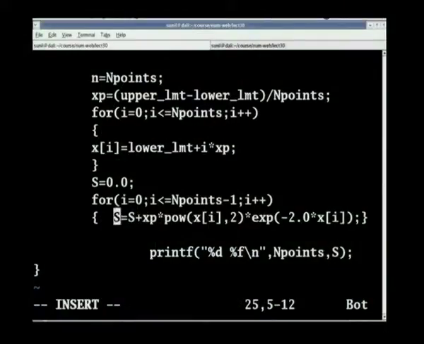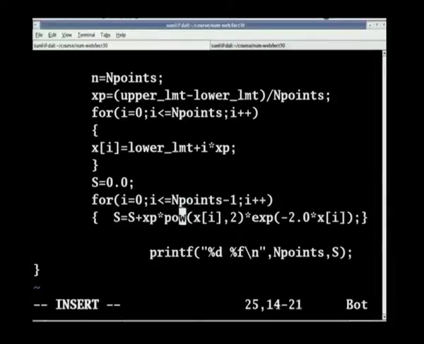So you can see that what I am doing here is writing the xp, that's the interval. Okay, now if my endpoints is 1, the xp is just the whole of b minus a. Otherwise it's b minus a by endpoints. Each interval, this is the length of each interval, multiplied by the function. The function is x squared exponential minus 2xi.